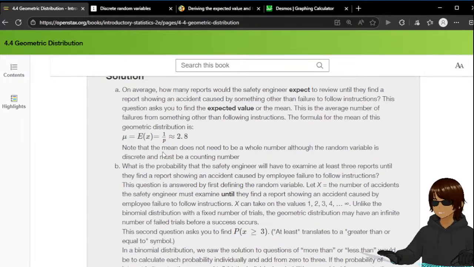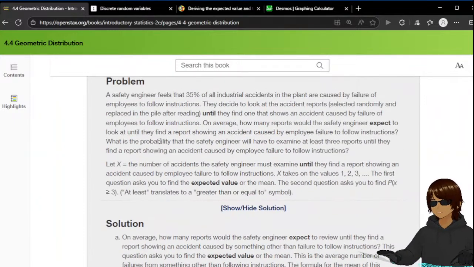What is the probability that the safety engineer will have to examine at least 3 reports? So what was the question they were asking? Will have to examine at least 3 reports until they find a report showing an accident caused by employee failure to follow instruction. 35% chance of success. At least 3.